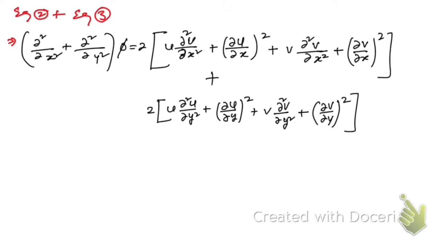Okay, so now you see here, according to Cauchy-Riemann equation, what we're going to have, we're going to have this. This is Cauchy-Riemann equation, right?